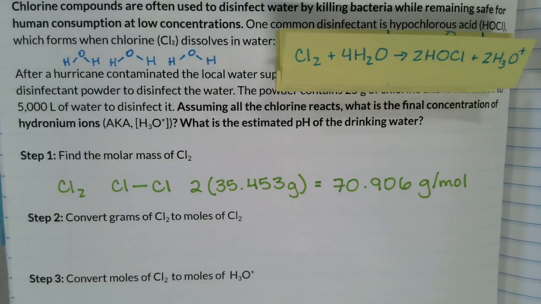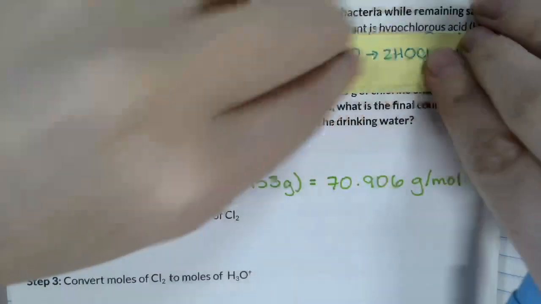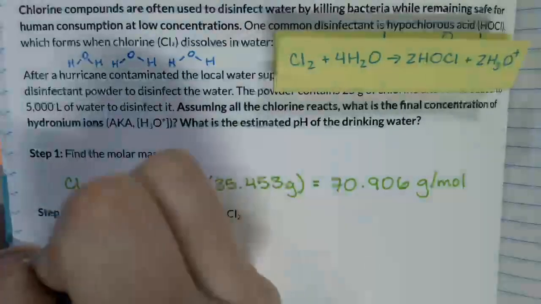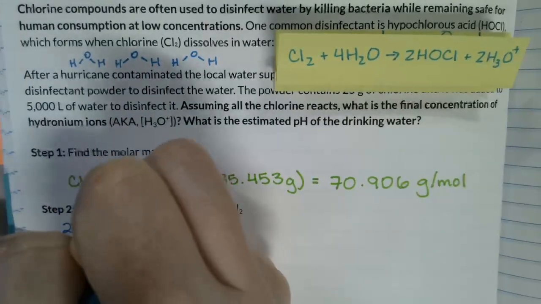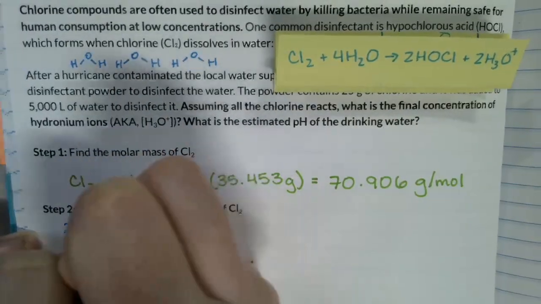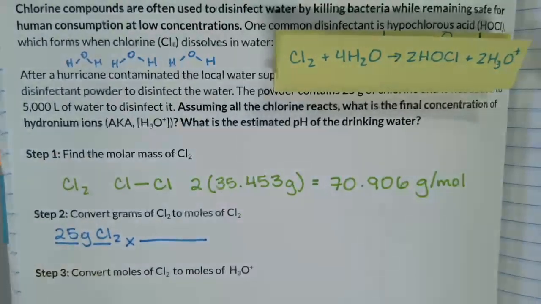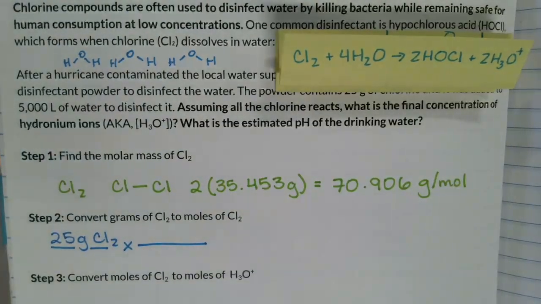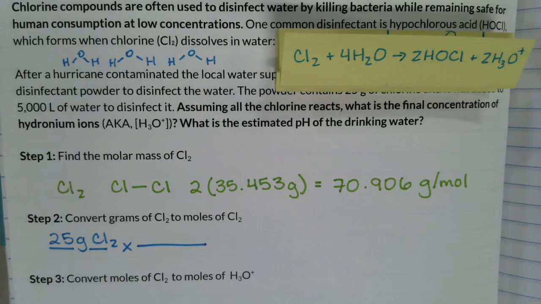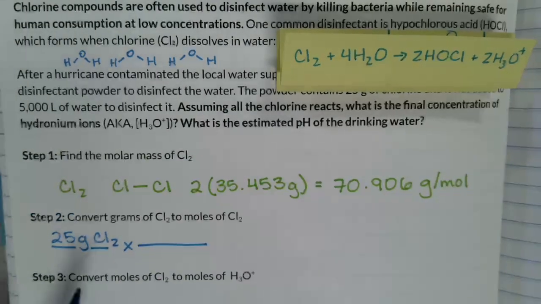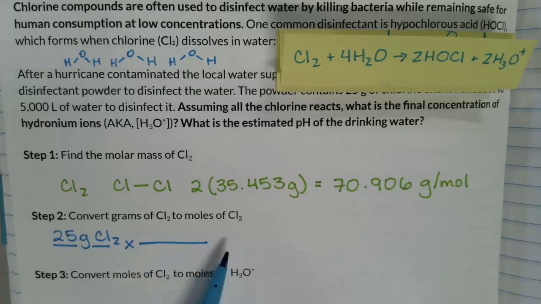How many grams of chlorine did they put in the water supply? 25. Very nice. So we've got 25 grams of chlorine, and we need to convert grams of chlorine to moles of chlorine. How are we going to do that? When in doubt, you do the multiplication symbol and the new line.